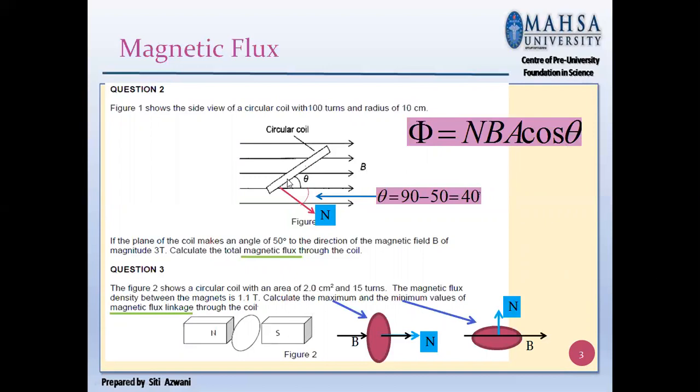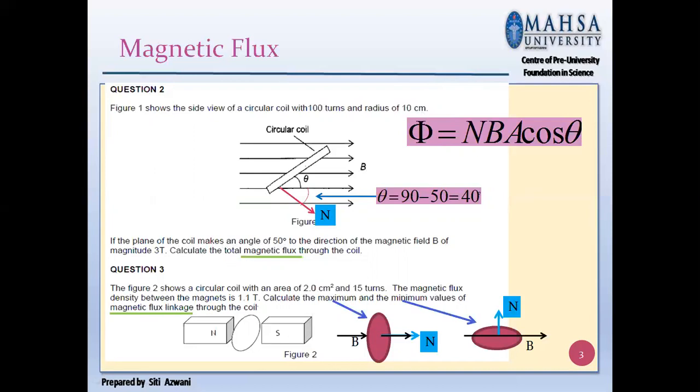Figure 1 shows the side view of a circular coil with 100 turns and a radius of 10 cm. If the plane of the coil makes an angle of 50 degrees to the direction of the magnetic field B of magnitude 3 Tesla, calculate the total magnetic flux through the coil.